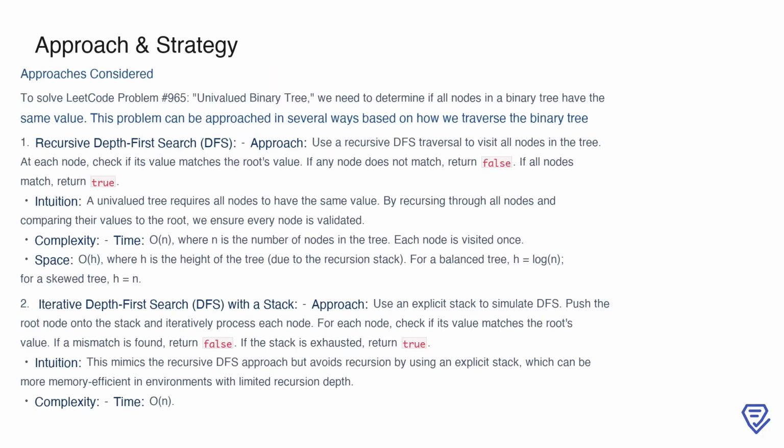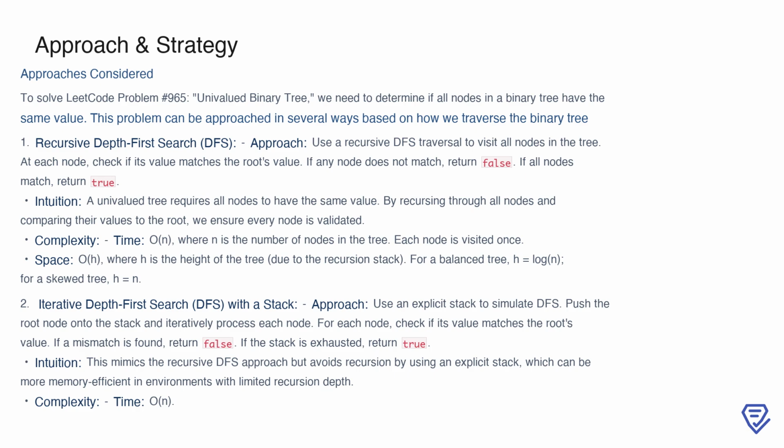To determine if a binary tree is univalued, meaning all nodes share the same value, we can explore several traversal-based approaches. The first is a recursive depth-first search, or DFS. Here, we traverse the tree recursively, checking each node's value against the root. If a mismatch is found, we immediately return false, otherwise, we continue until all nodes are evaluated.